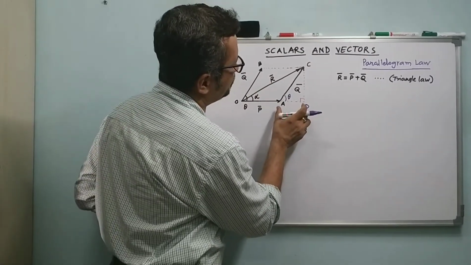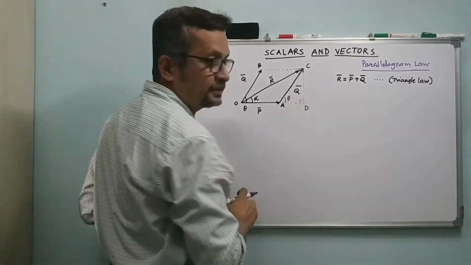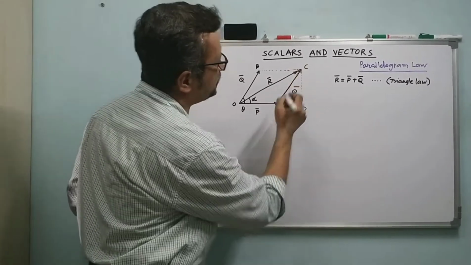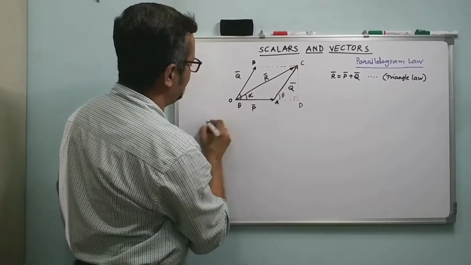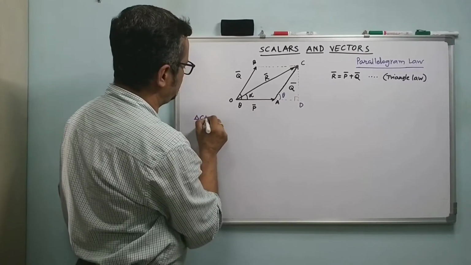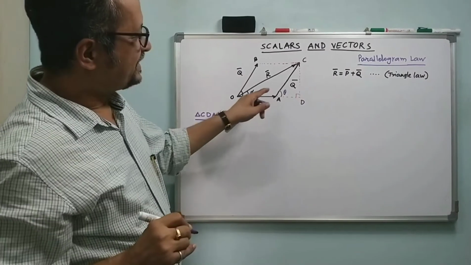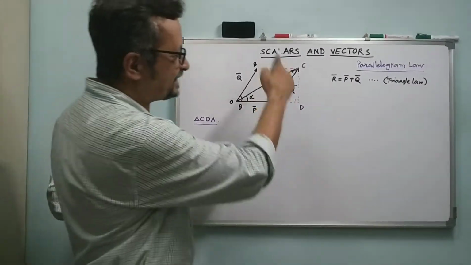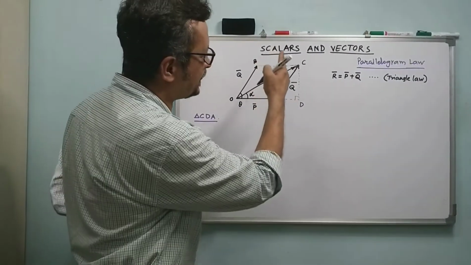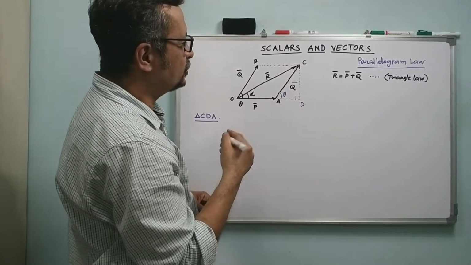What can I say about this and this here? So if I consider triangle CDA, in my triangle CDA, the angle CDA is the right angle, and my angle CAD is theta.